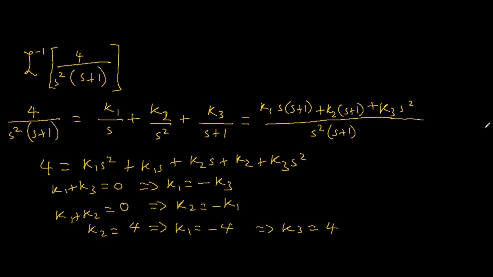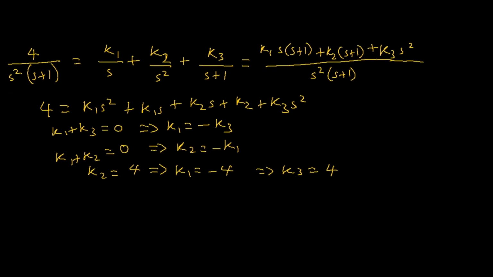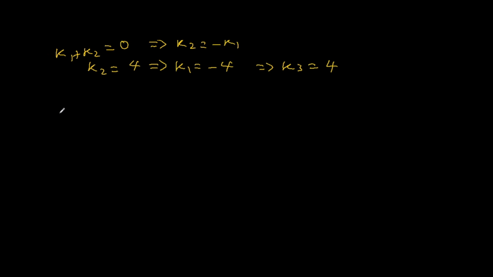So now what we want to do is to find the inverse Laplace transform. So our task is now to find the inverse Laplace transform of minus 4 over s plus 4 over s squared plus 4 over s plus 1.